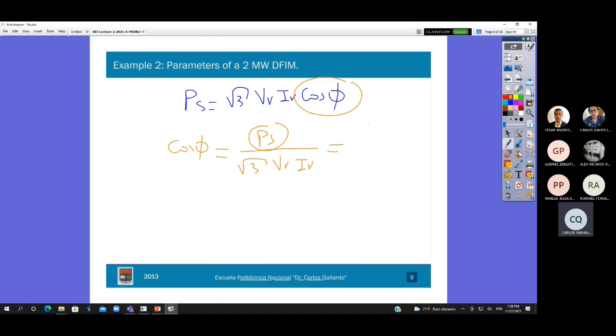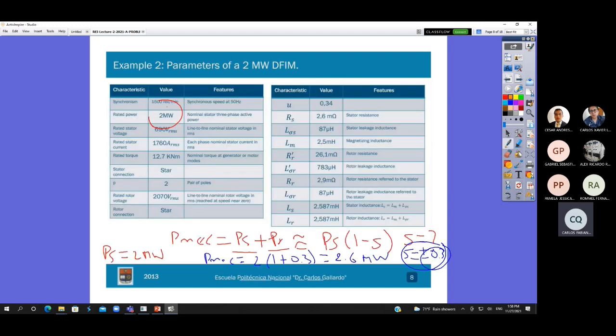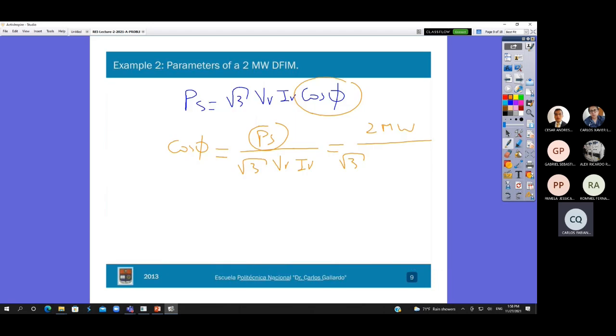The stator active power is 2 megawatts, over the square root of 3. What is the value of the voltage? I go back to the problem. This is the voltage and this is the current. This is the line-to-line voltage times the current. Therefore, the power factor is equal to 0.95.